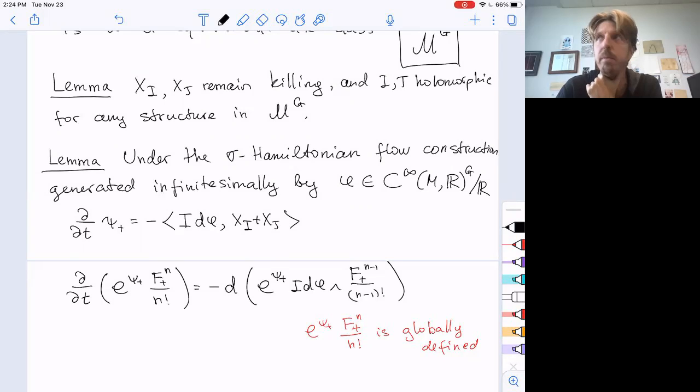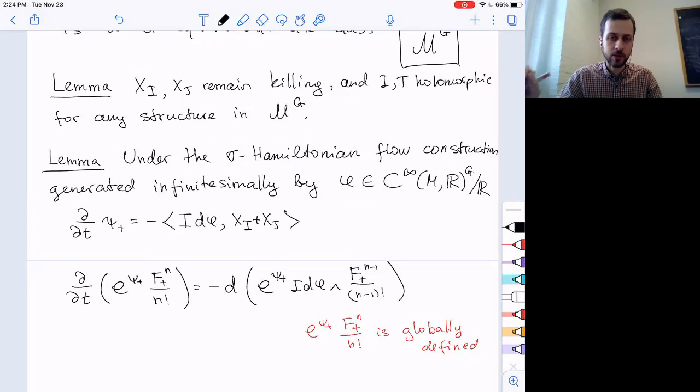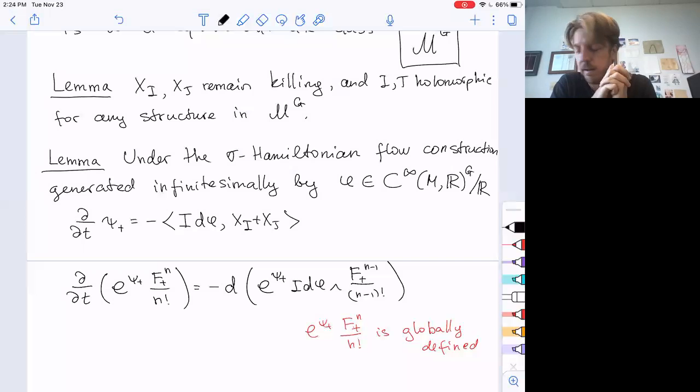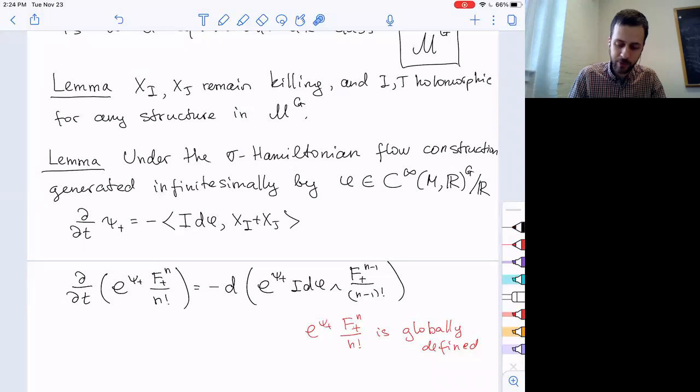Right. But isn't there a defining equation at the start for XJ? So if you have a soliton, you have a specific choice of Xi and Xj, right?